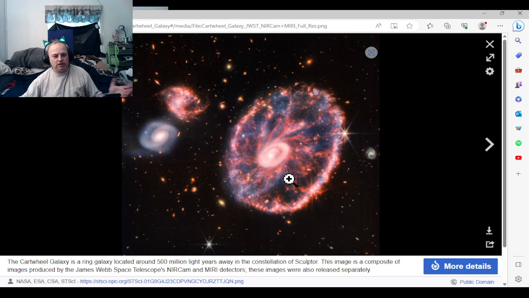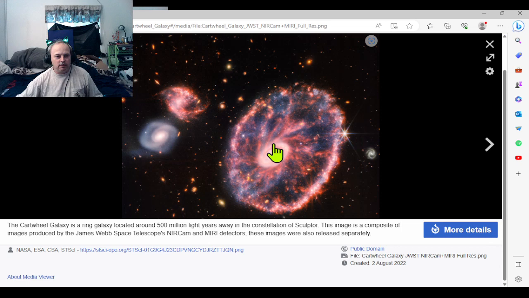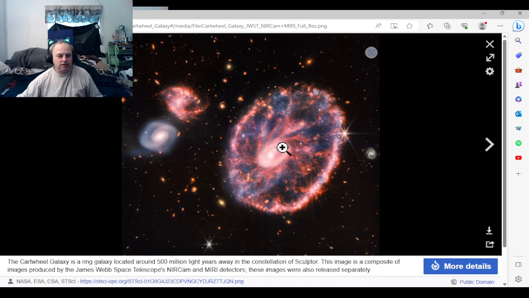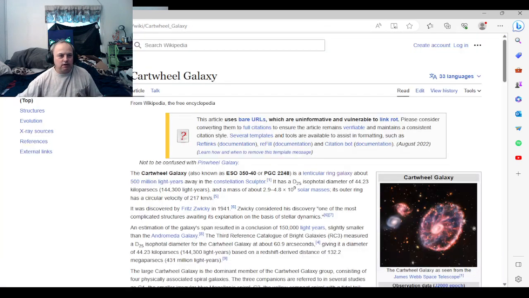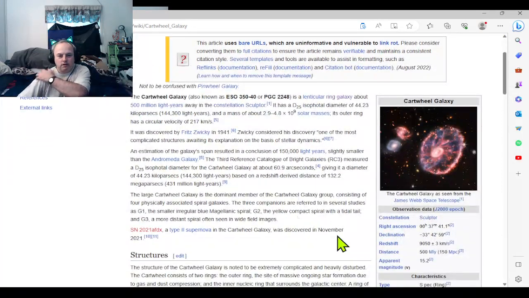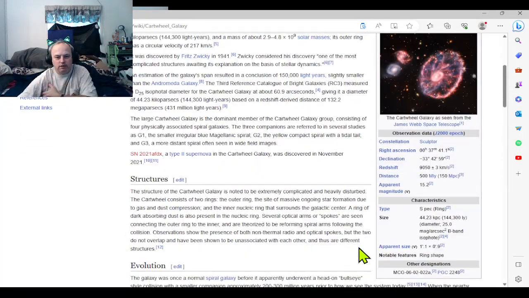If you look at the mass of a galaxy of 1 trillion suns, then yeah, this one here, it says it has a diameter of 144,000 light years.